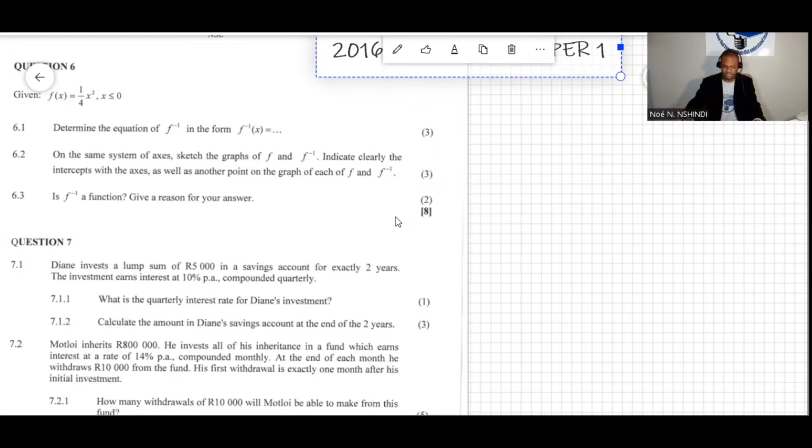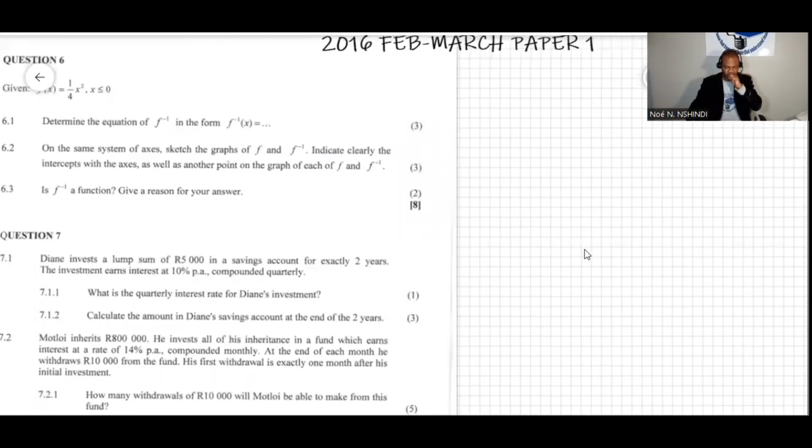All right, I'm going to write the question over here, question 6.1. F of x is given by a quarter x squared, and then x is less than or equal to 0. And then what else? We need to find f minus 1 of x.